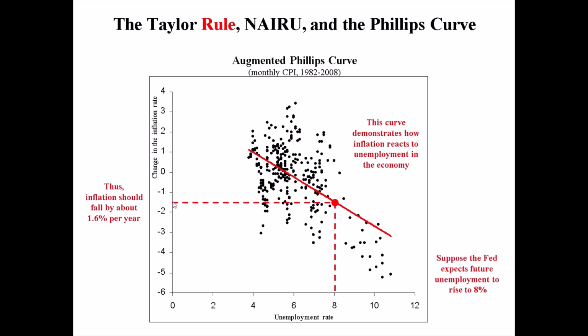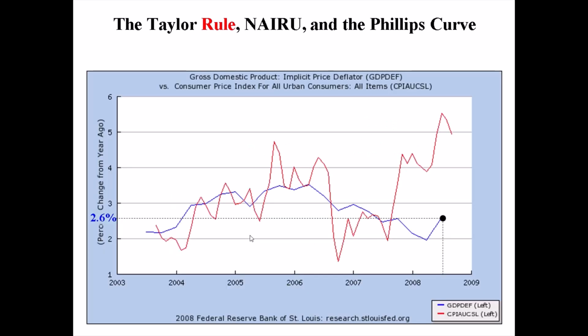Then this red line says that inflation should fall by about 1.6 percentage points. So if the red line hit here, inflation would fall annually by 1 percentage point. If the red dashed line hit here, then inflation would decline by 2 percentage points. But it's somewhere in the middle. So the red line is saying we expect inflation to fall by 1.6 percentage points.